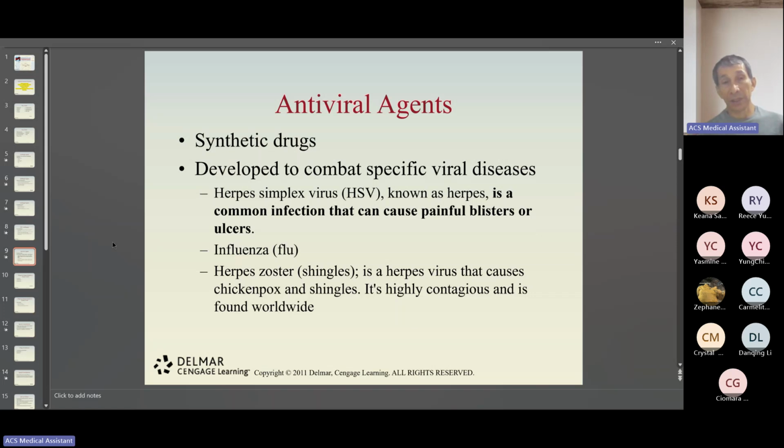Synthetic drugs, remember, synthetic drugs are those drugs that are created by the laboratory. They are not extracted from plants, minerals, or biologics. It is fabricated synthetically. So you got to be very careful. And sometimes we don't have the proper sources to get these antiviral medications because these are antiviral agents.